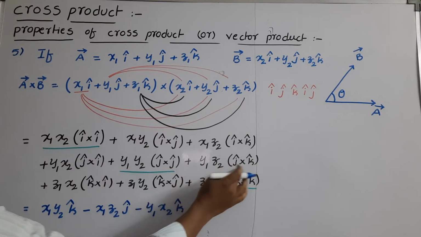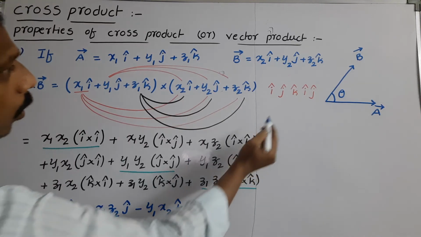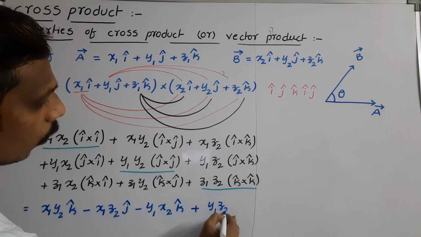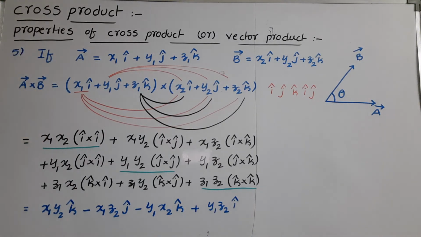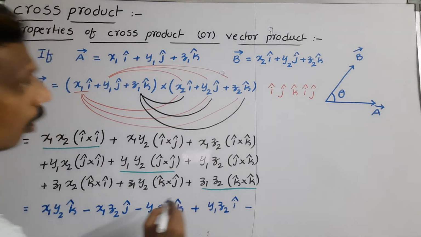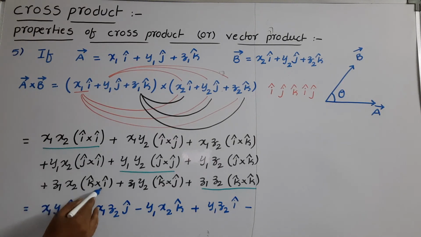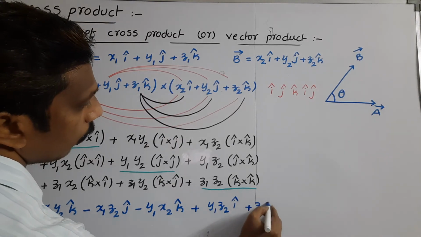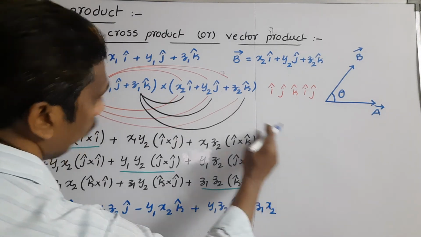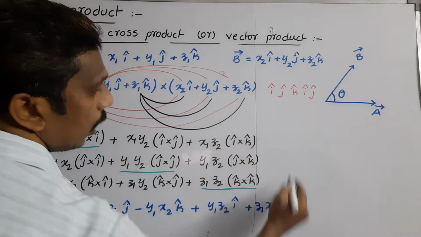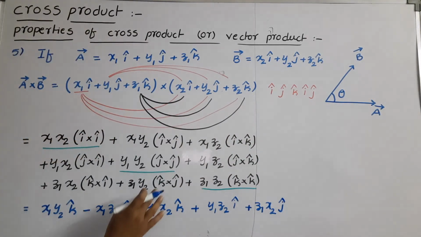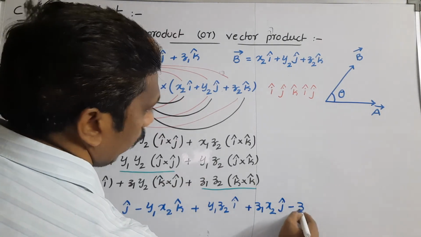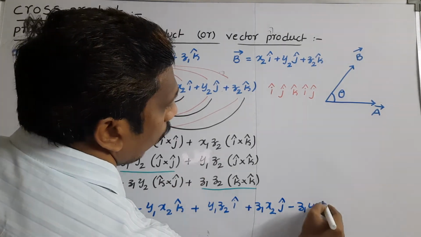Next, j cross k is equal to i, y1 z2 into i cap. Next, plus z1 x2 into k cross i is equal to j, and k cross j is equal to minus i cap, z1 y2 into i cap we can get.